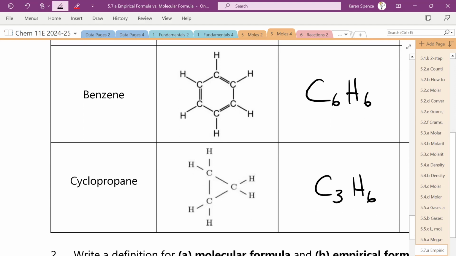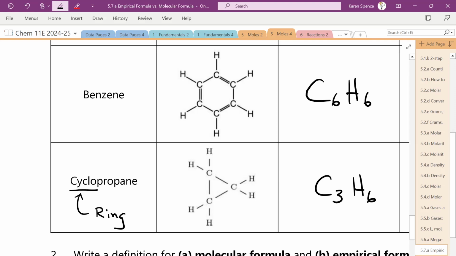And then if you see cyclo in front of a compound, it means it forms a ring structure. Okay, so if it's 3, it'll form a triangle. If it's 4, it'll form a square. If it's 5, it'll form a pentagon.